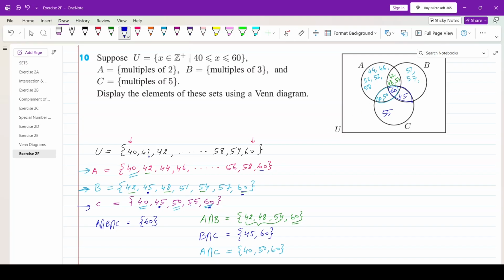Now from this universal set, the elements that are not present in this part will come outside this part in this rectangle. So let's write them.